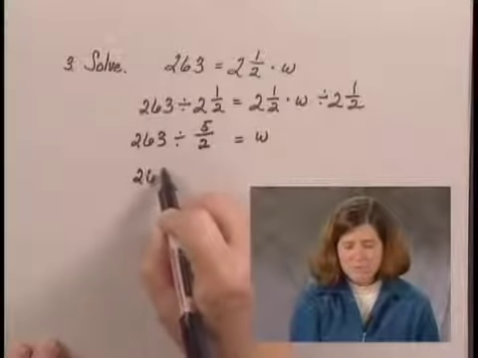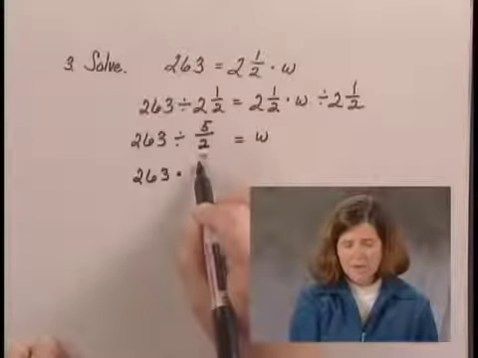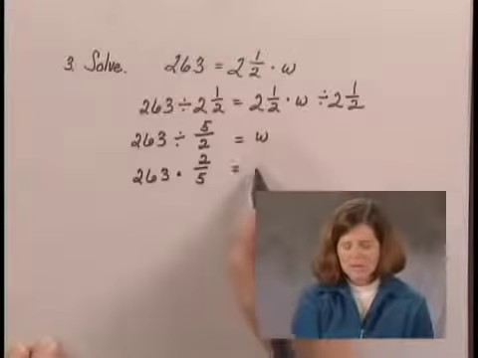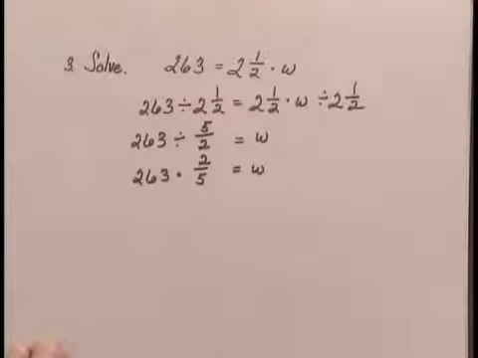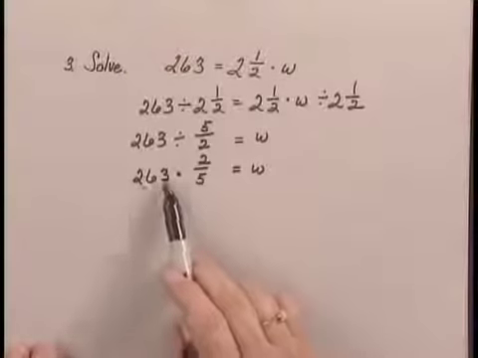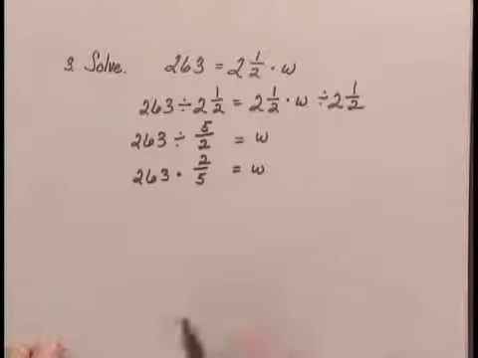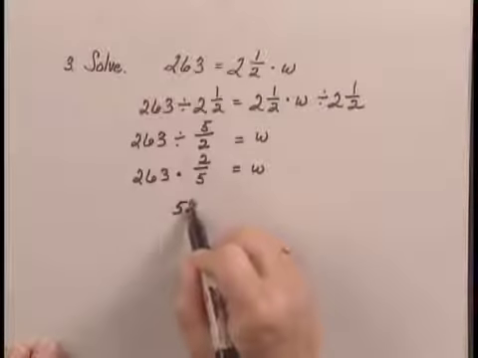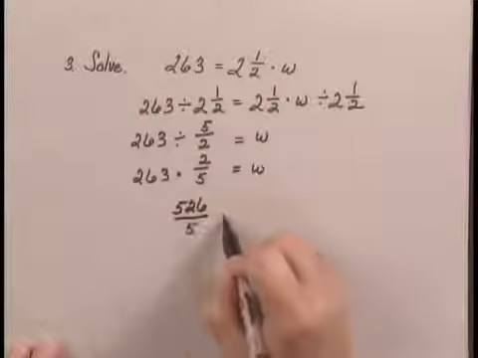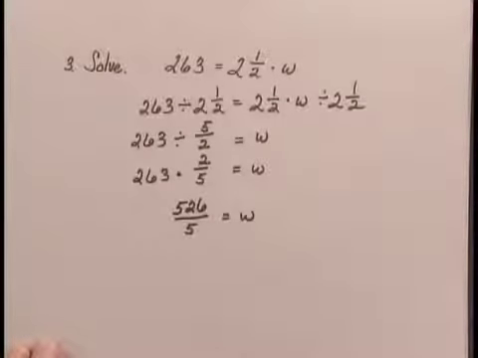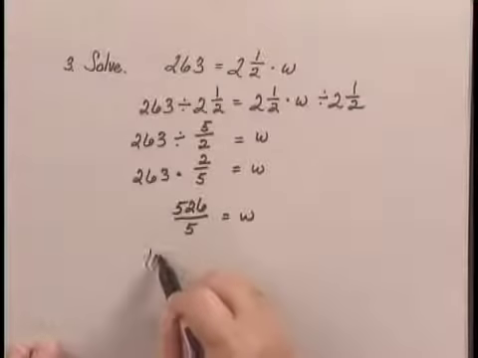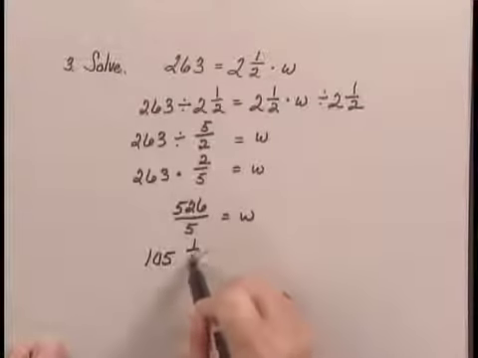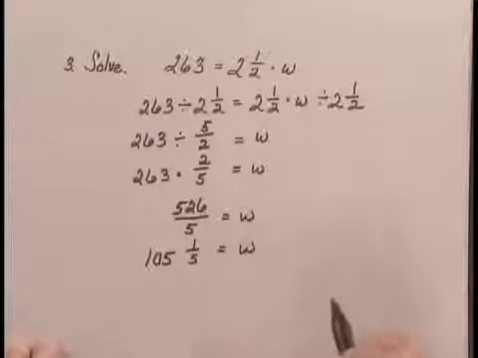So I have 263 times 2/5 equals W. Now, I multiply 263 times 2 and write that over 5, and I have 526 over 5 equals W. And since we started out with mixed numerals, and since this is hard to understand exactly what that means, we'll write that as a mixed numeral, and I get 105 and 1/5 equals W.